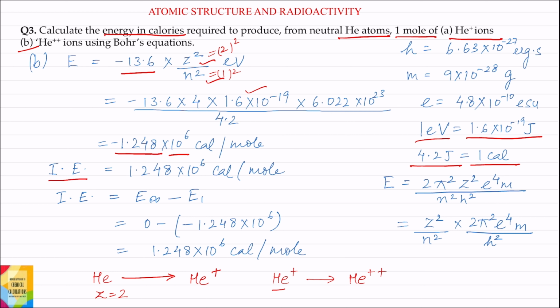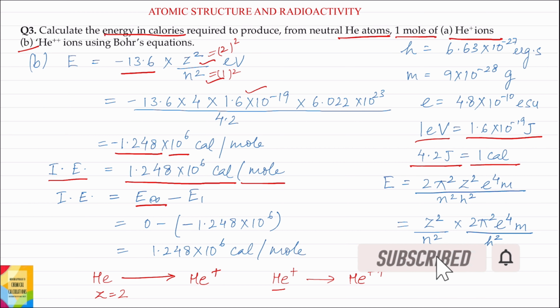Now the ionization energy value will be equal to plus 1.248 into 10 to the power 6 calories per mole because to remove the electron from the first shell 1.248 into 10 to the power 6 calories of energy has to be supplied. और आयनाइजेशन एनर्जी का फॉर्मूला होता है E इंफिनिटी. अगर हम फर्स्ट ऑर्बिट से इलेक्ट्रॉन को रिमूव कर रहे हैं तो E इंफिनिटी माइनस E1 बिकॉज आयनाइजेशन एनर्जी मीन्स द इलेक्ट्रॉन इज रिमूव्ड फ्रॉम द आउटरमोस्ट ऑर्बिट और हीलियम के केस में वो फर्स्ट ऑर्बिट है. सो E इंफिनिटी माइनस E1, इंफिनिटी पे एनर्जी हो जाएगी 0 माइनस 1.248 into 10 to the power 6.